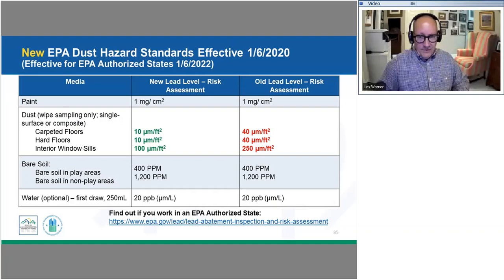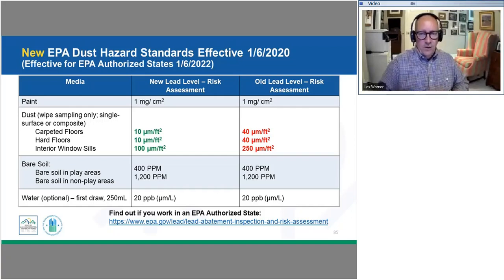Our standards for paint itself have not changed. They're at 1 microgram per centimeter, but our dust samples have specific acceptable sample levels or standards for carpeted floors, hard floors, and then interior window sills.